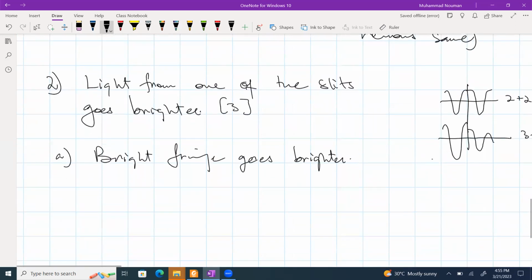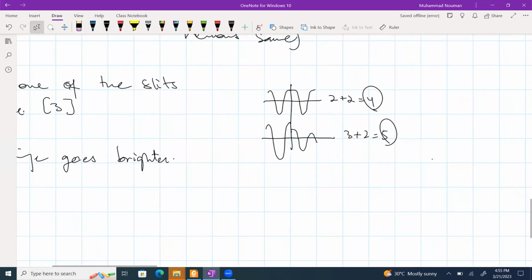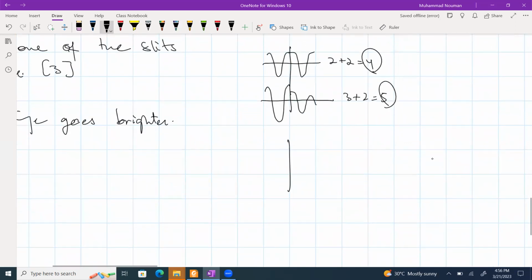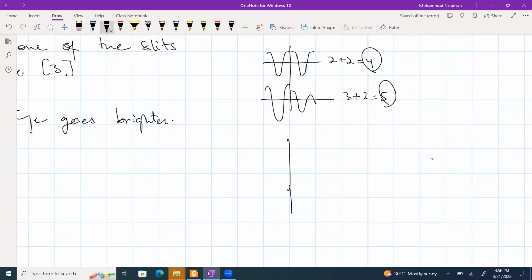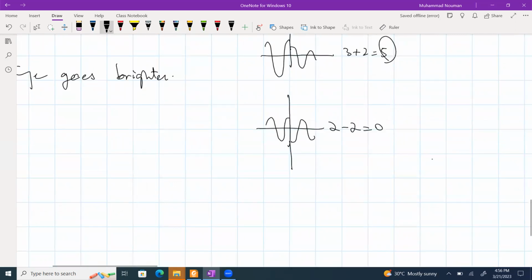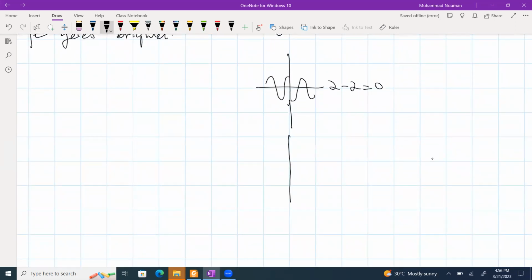What about dark fringe? Let's talk about dark fringe. Previously dark fringe was obtained like 2 minus 2 makes it 0. Now it is formed by 3 minus 2 makes it 1. What happens to the brightness of dark fringe?